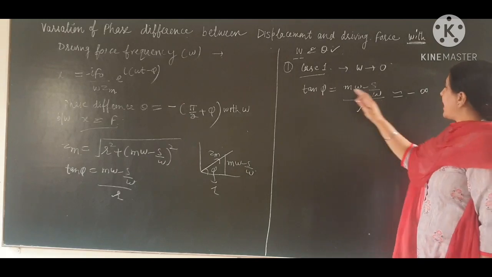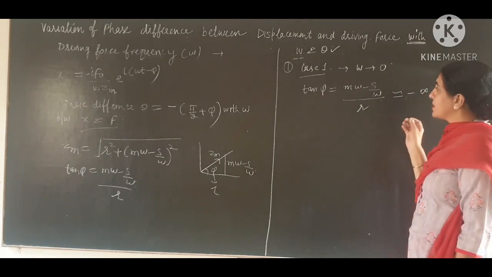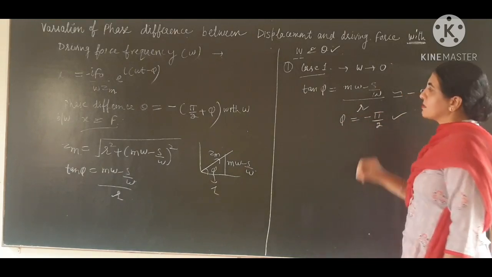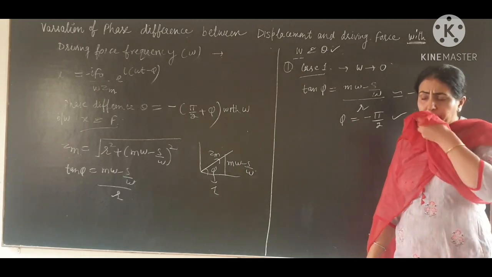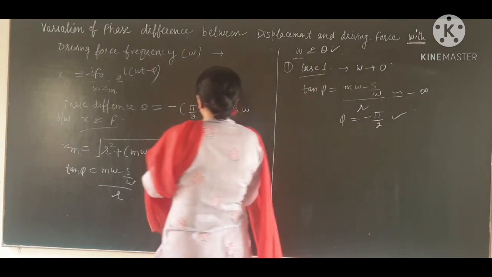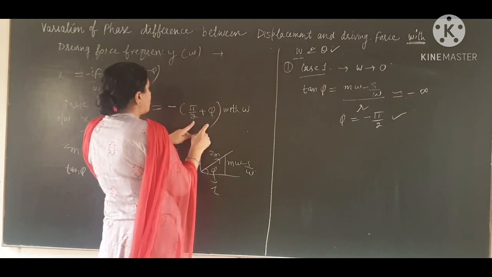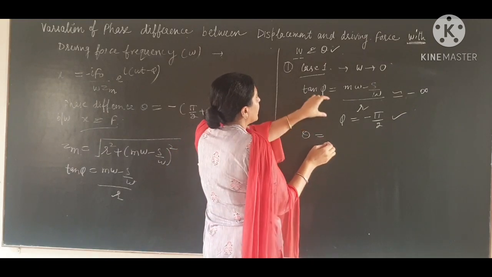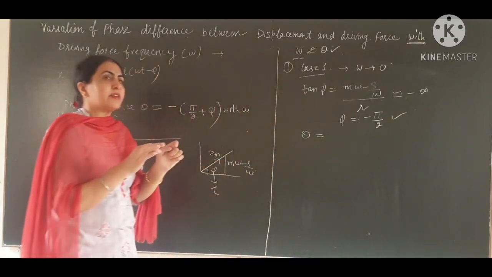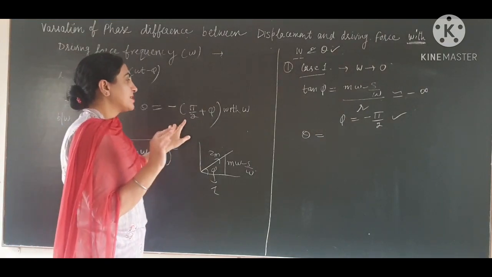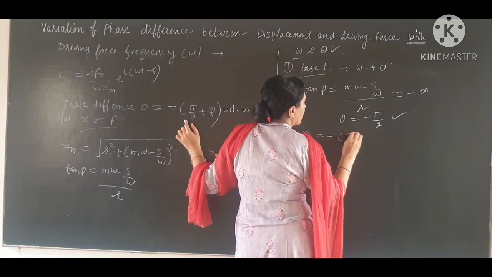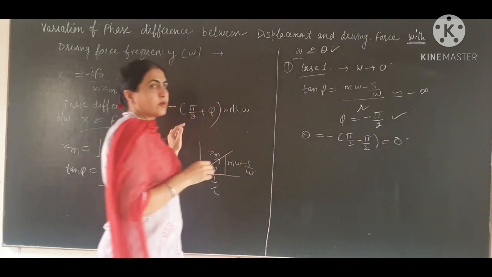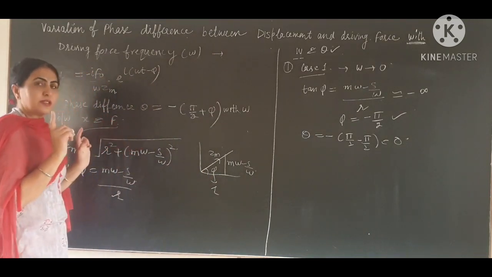When tan phi is minus infinity, phi is equal to minus pi by 2. Put minus pi by 2 here. The minus sign in theta only shows which is leading and which is lagging. So theta is minus pi by 2 minus pi by 2, that is equal to 0. So at the first frequency, theta is 0.